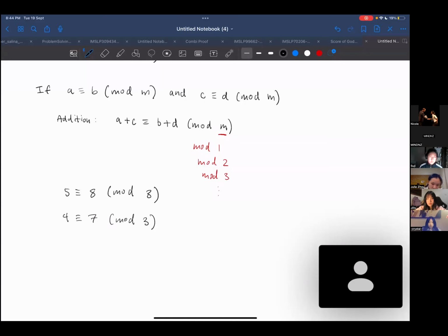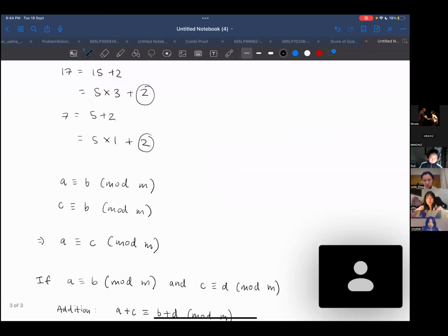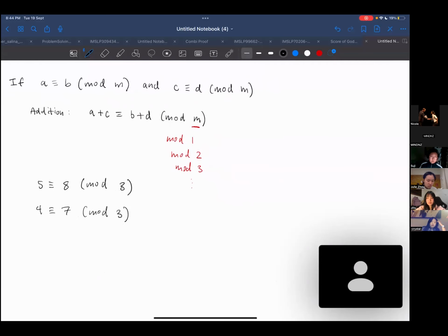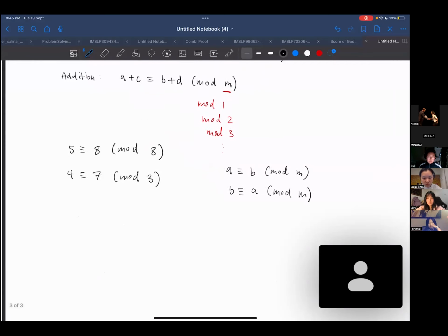And also, just in case you aren't so sure, A and B are essentially interchangeable. So if A is congruent to B mod M, then B is congruent to A mod M. Okay, just letting you know.